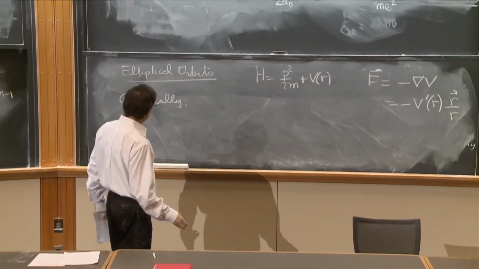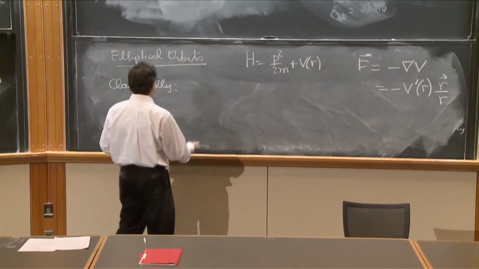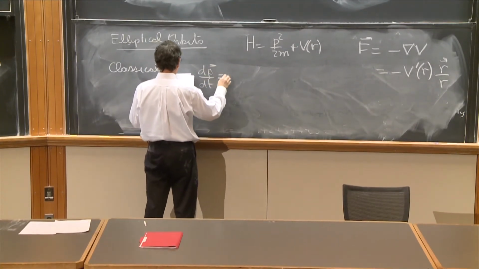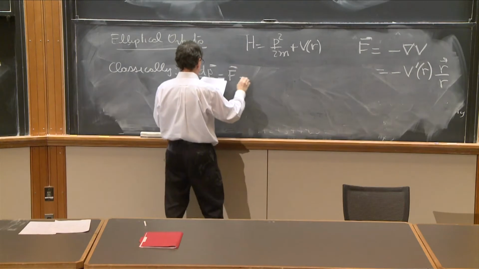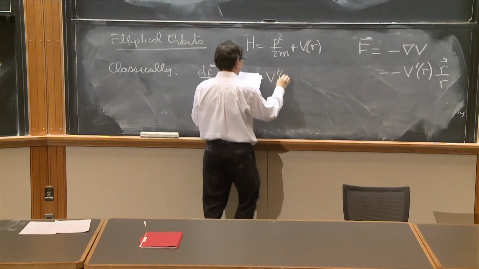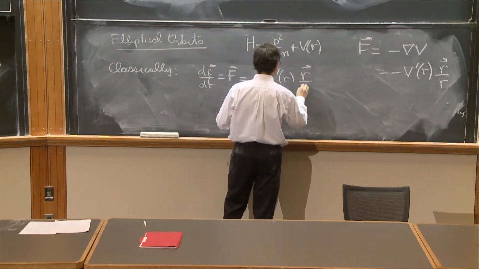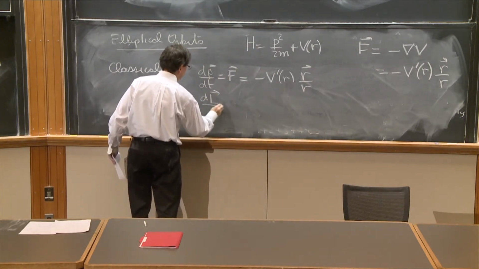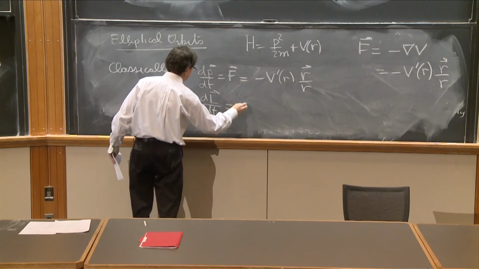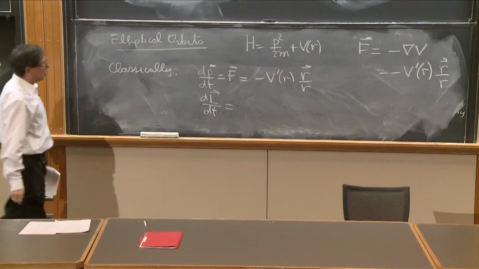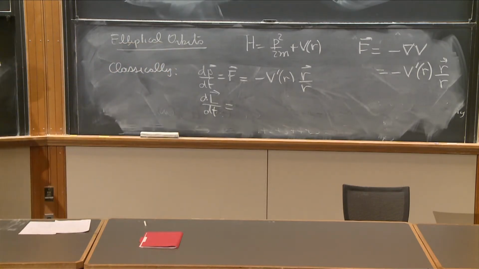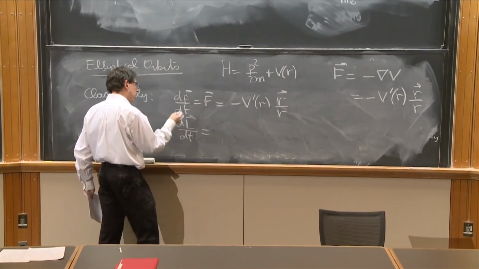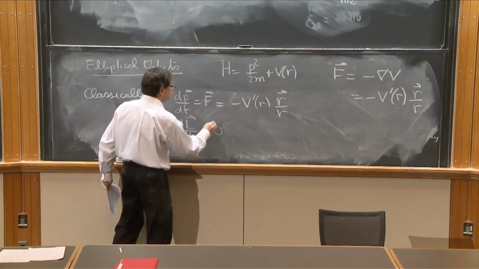So classically, dp/dt is the force, and it's minus V prime of r, r vector over r. And dL/dt, the angular momentum, it's a central potential. The angular momentum's rate of change is 0. There's no torque on the particle, so this should be 0.